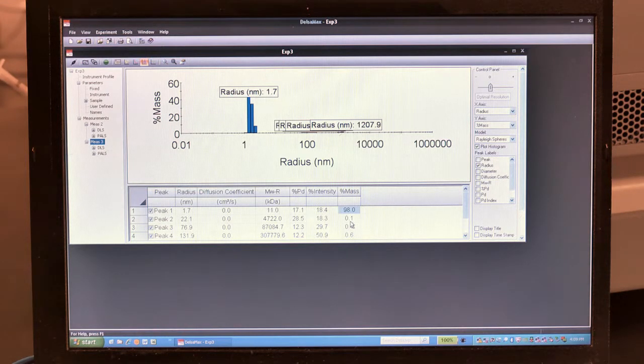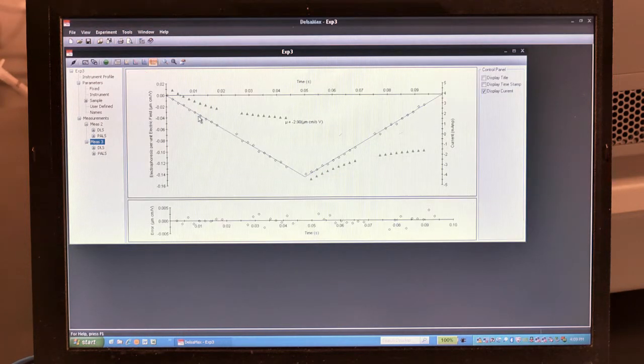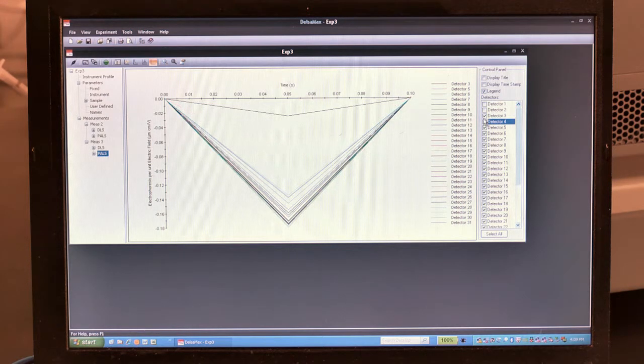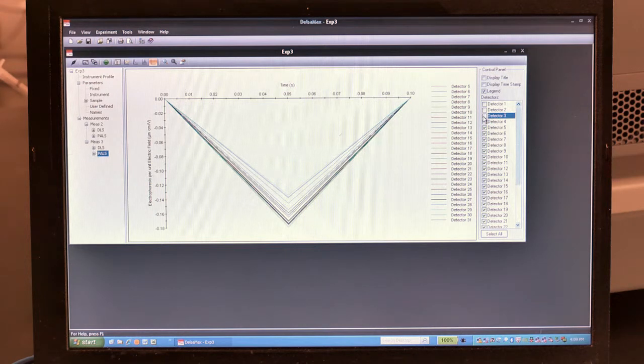When we look at the mobility graph, we see a very tight graph where all the points line up very well. And out of the 31 detectors, it looks like all but 4 detectors agree that the mobility is highly negative. Those first 4 detectors are actually measuring a lower mobility.